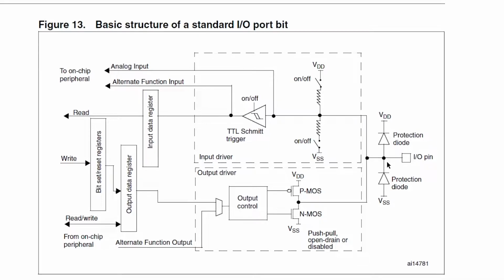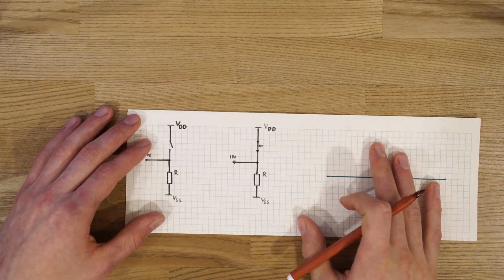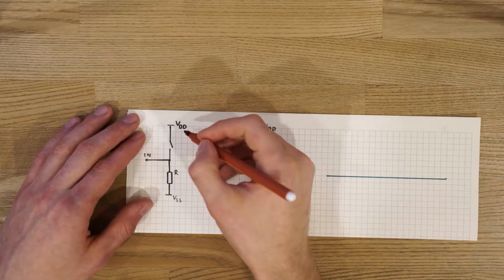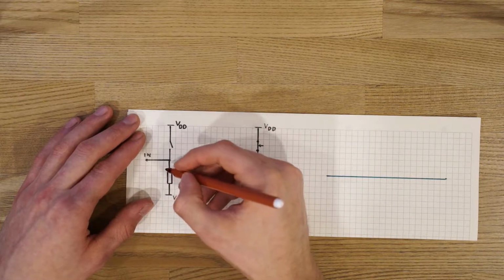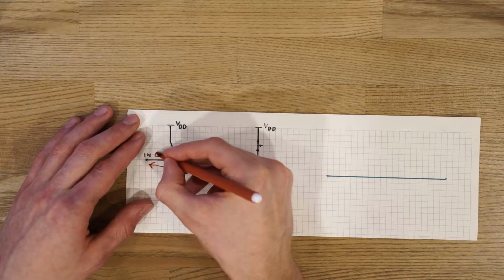In order to stabilize our pin, we have to use a resistor and connect it to either ground or power supply. The first configuration is when the resistor is connected to ground. You see the button connected to power supply and input, and then it goes to the ground through the resistor. What does that basically mean? Well, when the button is not pressed, we have the input directly connected to the ground, which is basically just dragging the input to low.